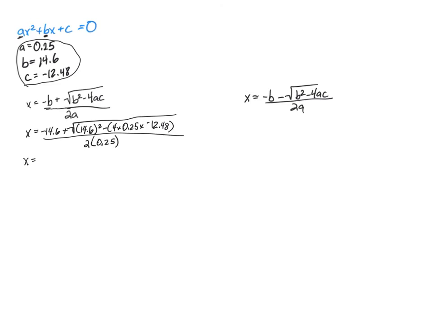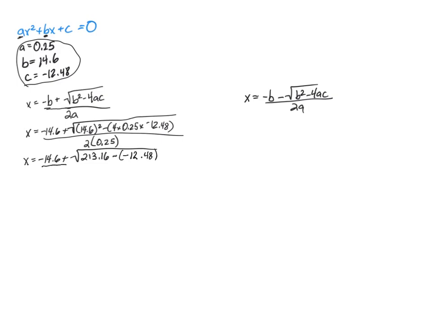So then we end up with x is equal to negative 14.6 plus the square root of 14.6 squared, which is 213.16, minus 4 times 0.25 times negative 12.48, which is negative 12.48.